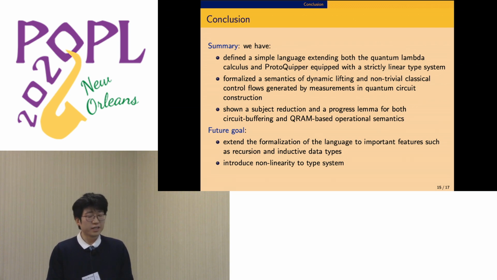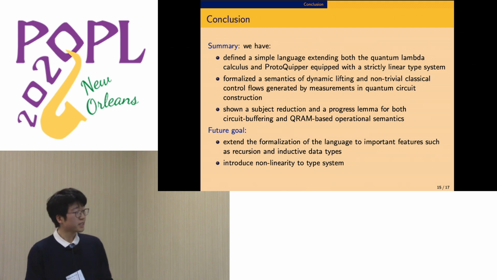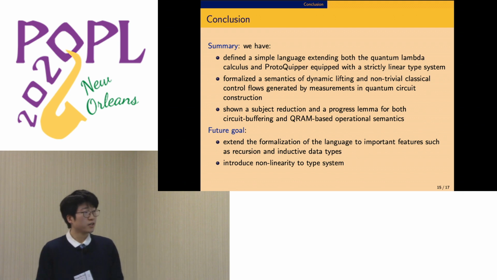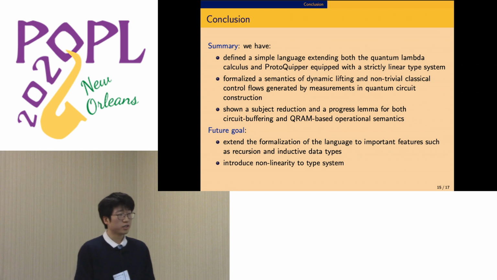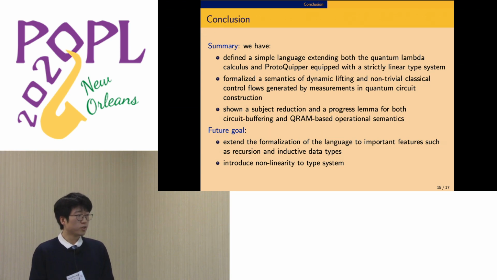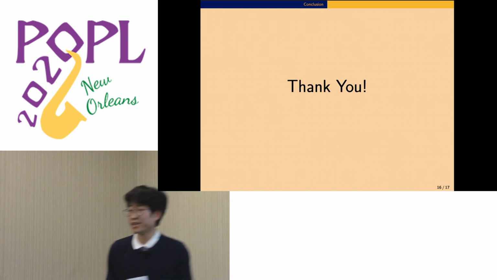For the validity, we prove the safety theorems for both operational semantics. The future goal would be to extend the language with more interesting features like recursion and inductive data types, and we also want to introduce non-linearity to the type system. And this is all, and thank you for your attention.